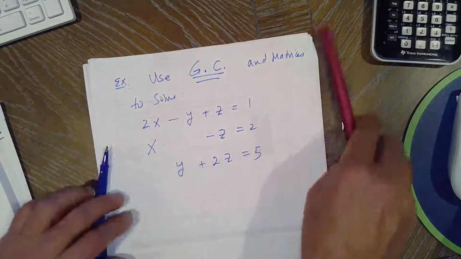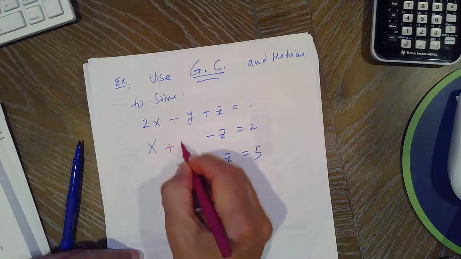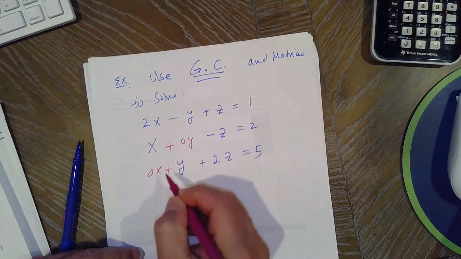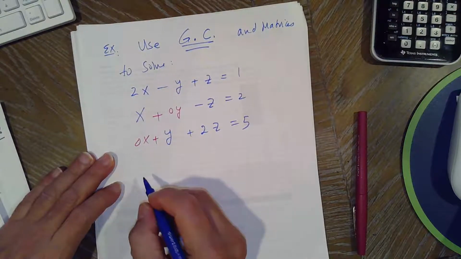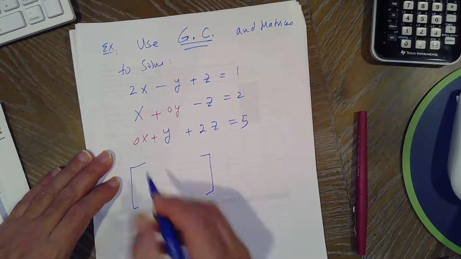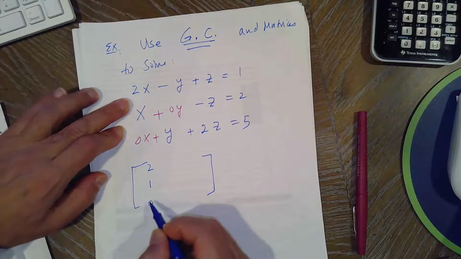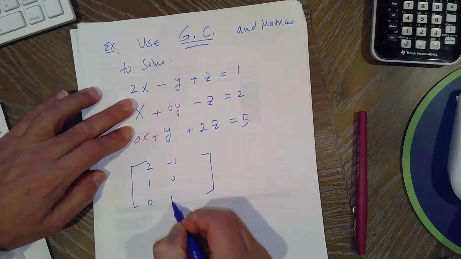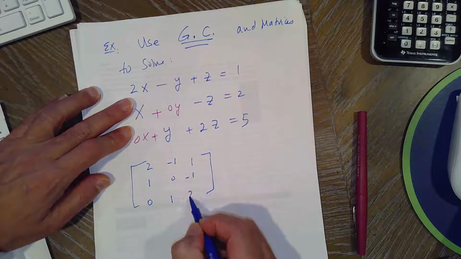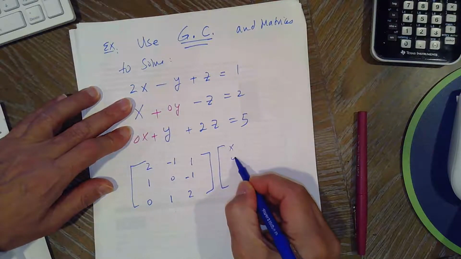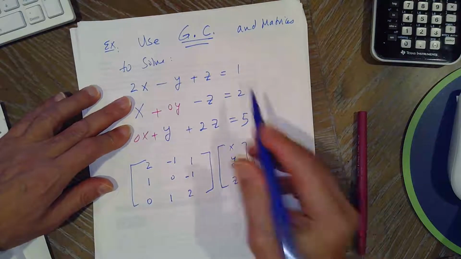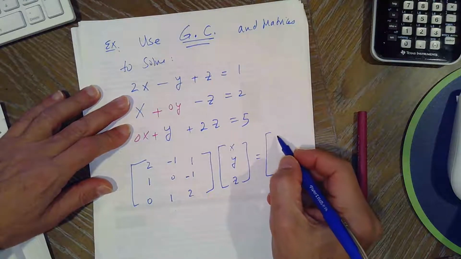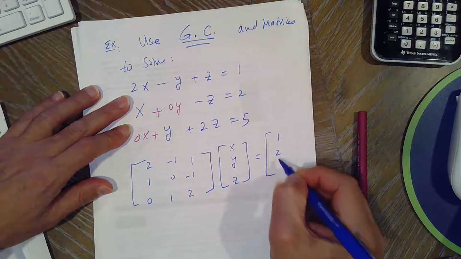So I want to fill in zeros for my missing variables so we don't miss those. So we want to write it as a matrix. The coefficient matrix is going to be 2, negative 1, 1, then 1, 0, negative 1, then 0, 1, 2, the x, y, z matrix, and then the constant matrix.